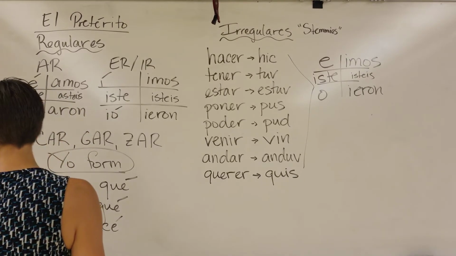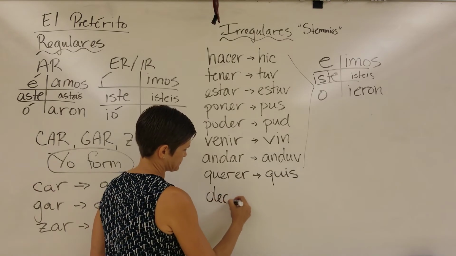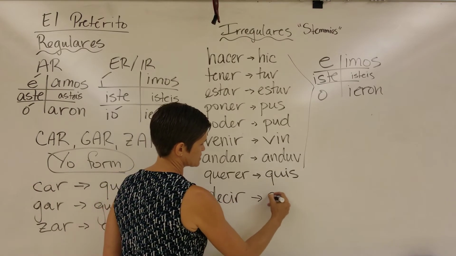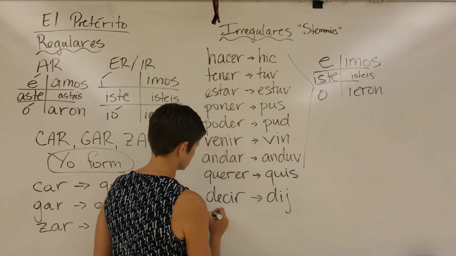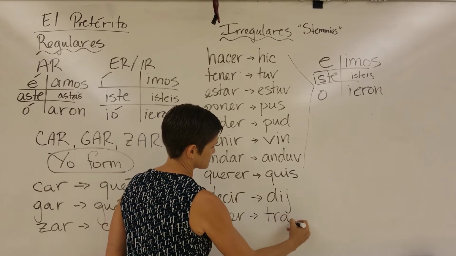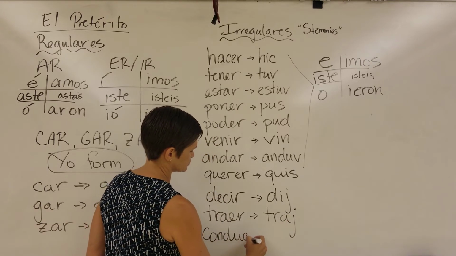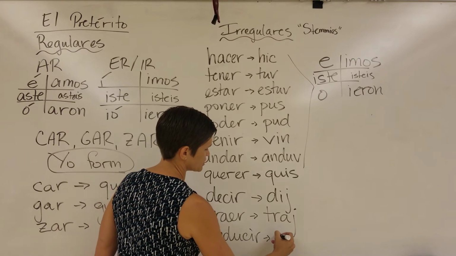Then there's a couple J verbs, like decir becomes dij, traer becomes traj, conducir becomes conduj.